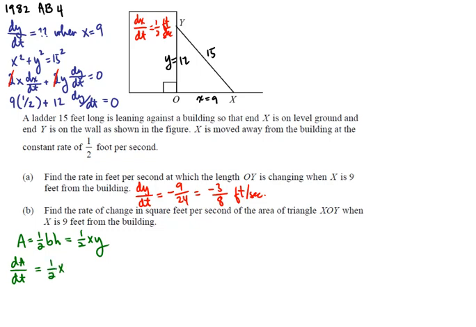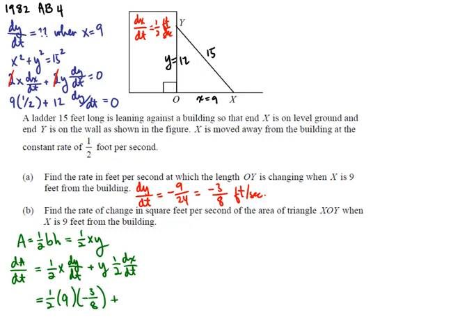So we have the first times the derivative of the second plus the second times the derivative of the first, and we're given dx/dt originally as 1/2 feet per second, and we know that now dy/dt is -3/8 feet per second, and we know x is 9, y is 12, so we just plug everything in.